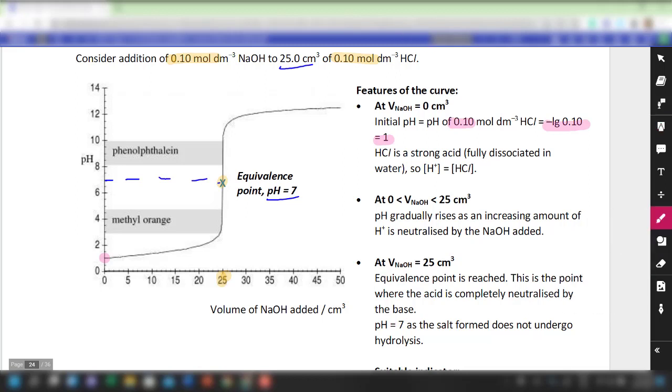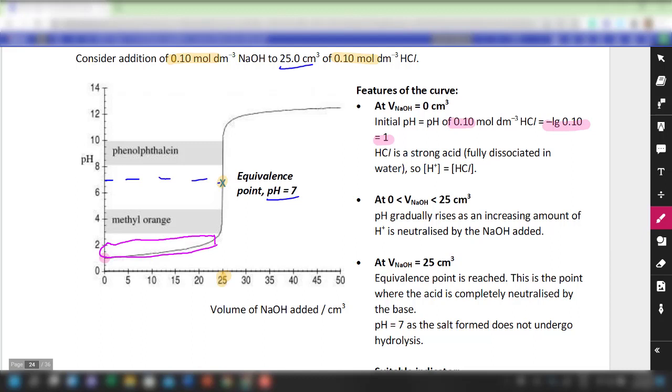And you notice that the pH will increase gradually, but it's not a sharp increase. It is not a sharp increase because there is still a lot of H+ present in the system. So you notice that from the start until just right before maybe 25, this whole region, the pH is about 2-ish, 2+.